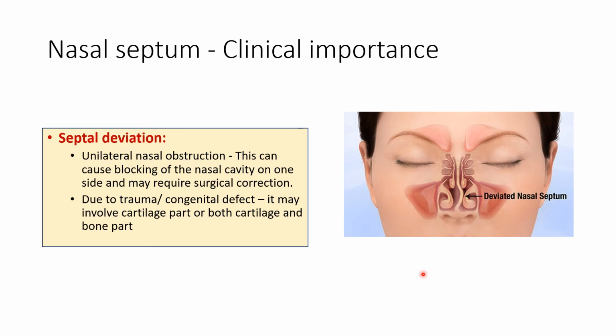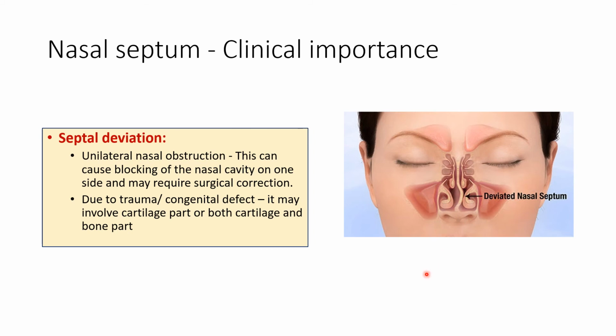So unilateral nasal obstruction, it can cause blockage of the nasal cavity on one side and it may require surgical correction. In this picture, you can see it deviated to one side, narrowing the nasal cavity, and this can be due to trauma or congenital defect.